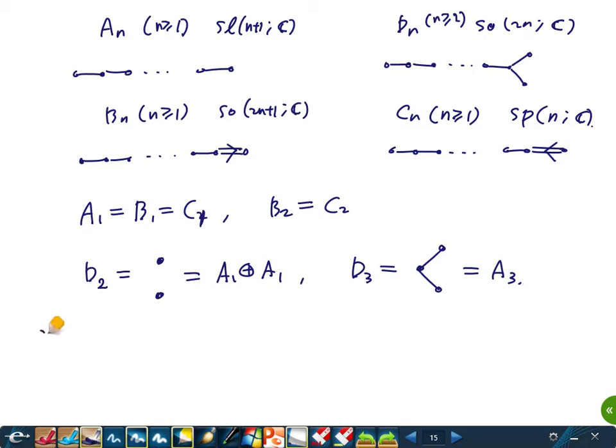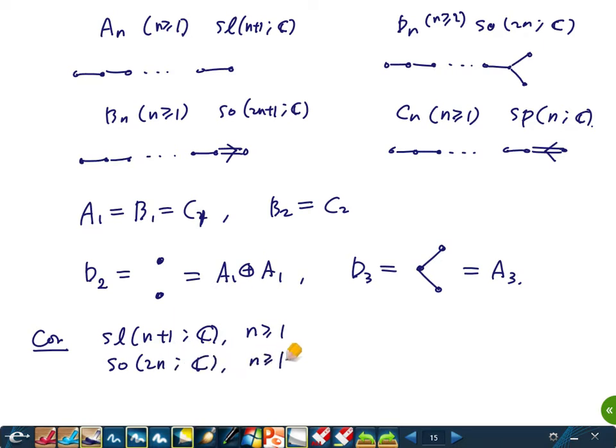So corollary, SL n plus 1 C n greater than or equal to 1, SO 2n C n greater than or equal to 3, SO 2n plus 1 C n greater than or equal to 1, SP n C n greater than or equal to 1.